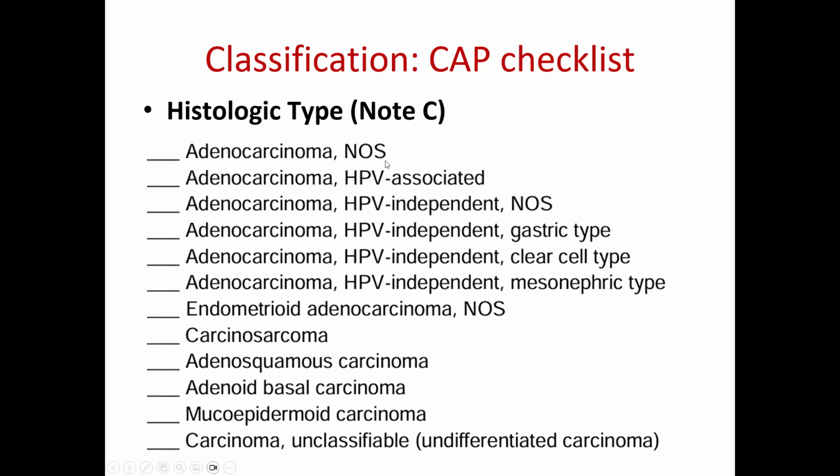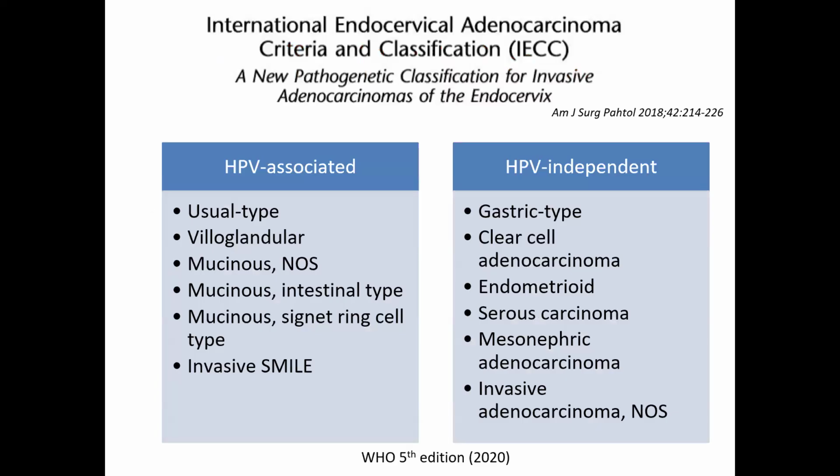Of course, the most common one we encounter is the HPV-associated adenocarcinoma. This came from a paper published in 2018, which is the landmark paper classifying endocervical adenocarcinoma into HPV-associated and HPV-independent.